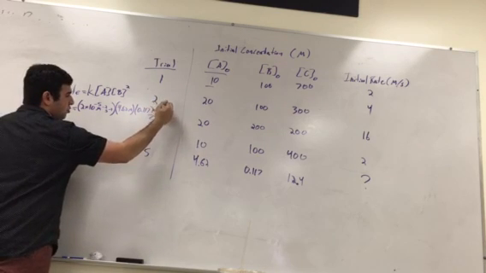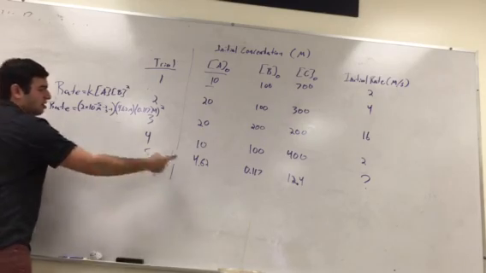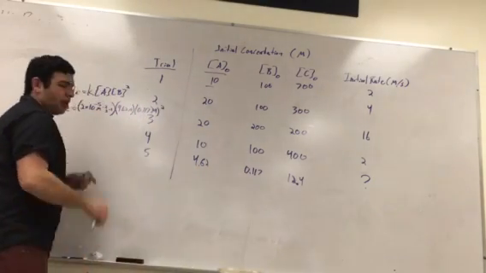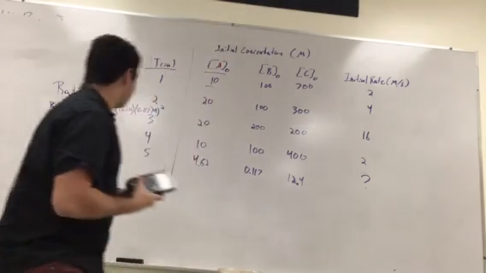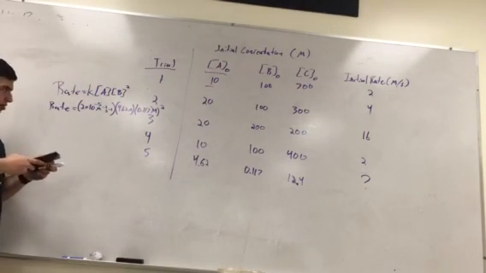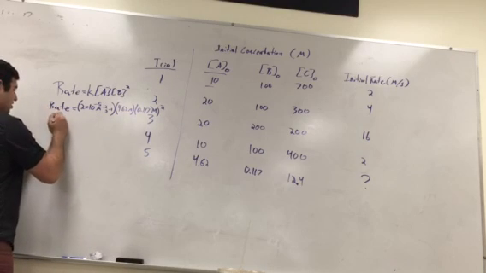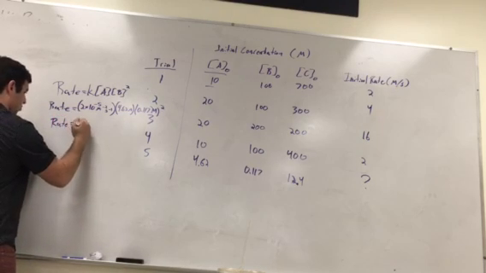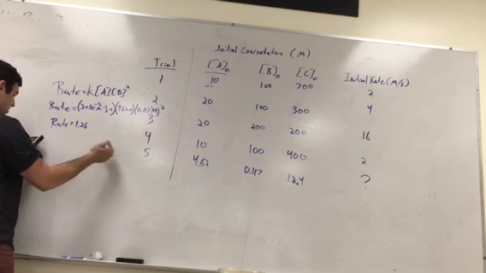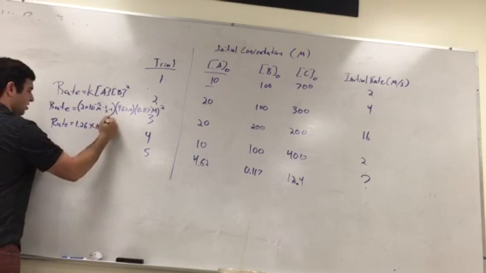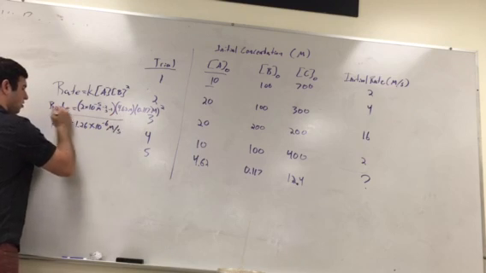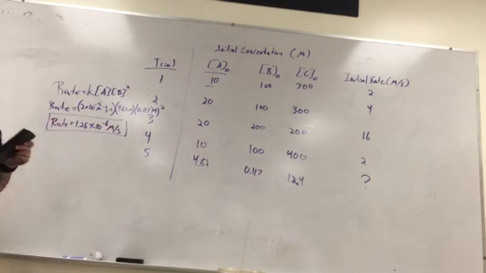Basically, plug in this for A, this for B, and square it, and then multiply by the K constant that we just calculated. So we get a rate equal to 1.26 times 10 to the negative 6 molarities per second. Rate is always some molarity per second.